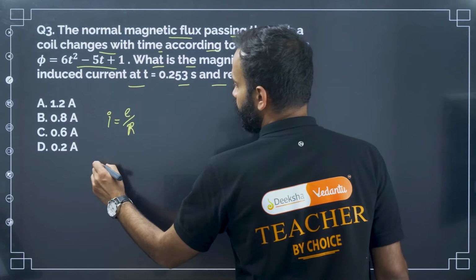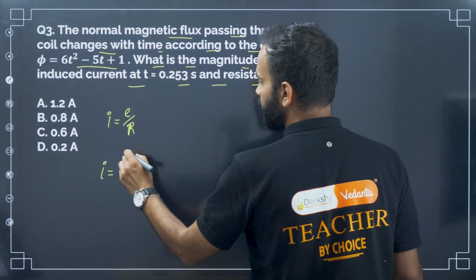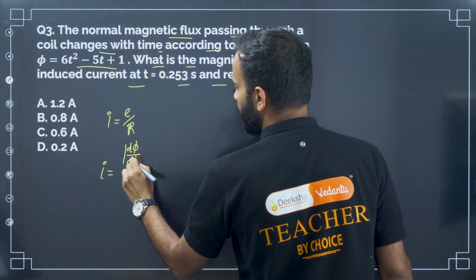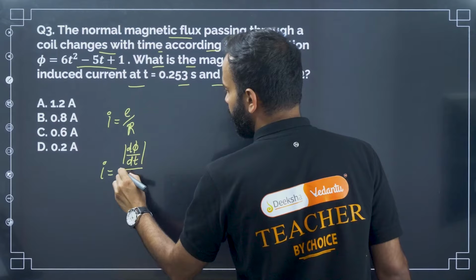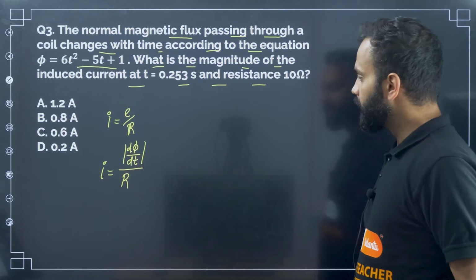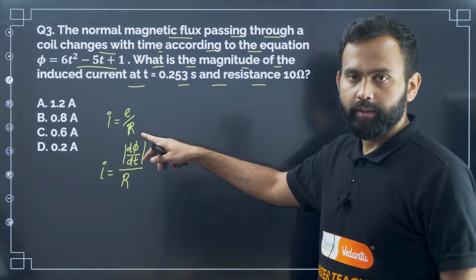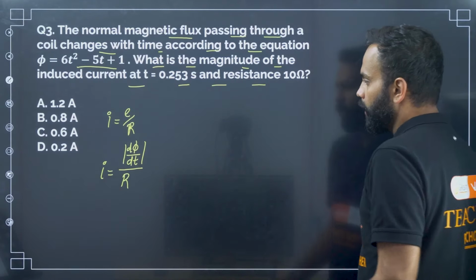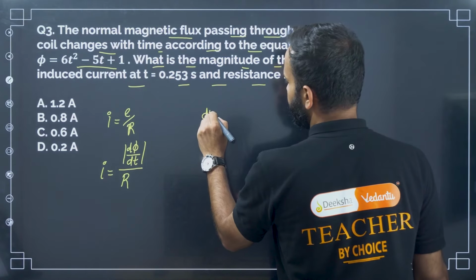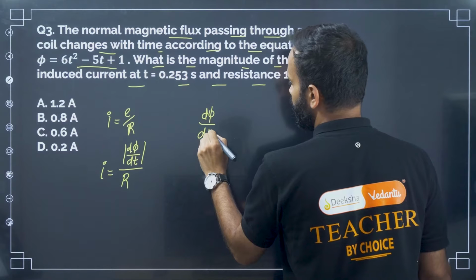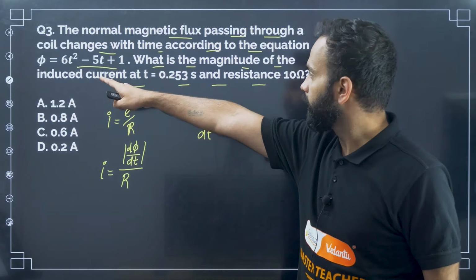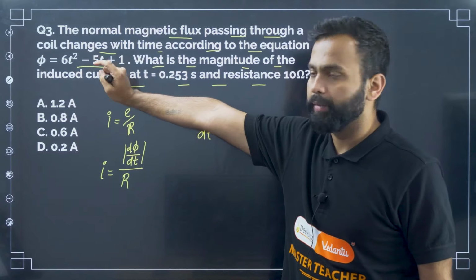So I is equal to the induced EMF, which is the magnitude of d phi by dt, whole divided by R. So let us find the rate of change of magnetic flux. Now d phi by dt is equal to the differentiation of phi with respect to t, that is, differentiation of 6t square minus 5t plus 1.